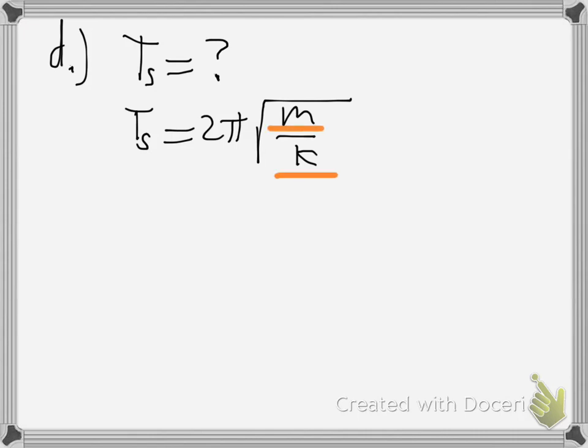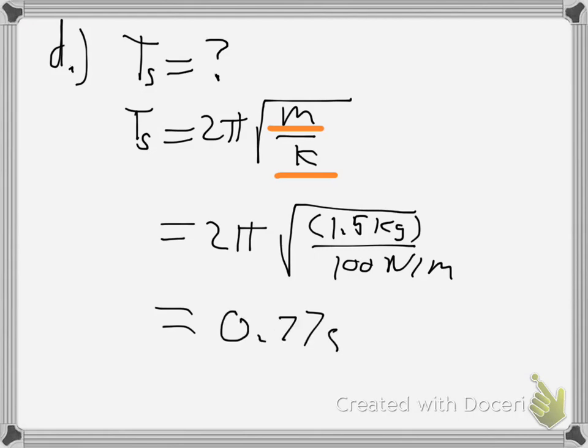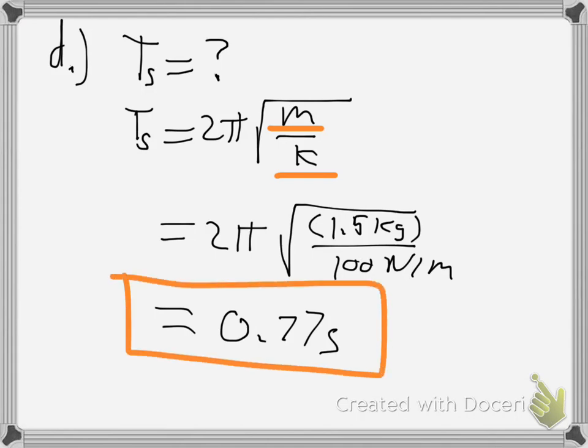We know the mass, and we know k. Sometimes the last part of the question is actually the easiest. It's 1.5 kilograms divided by 100, and this cleans up. You should get something about 0.77 seconds.